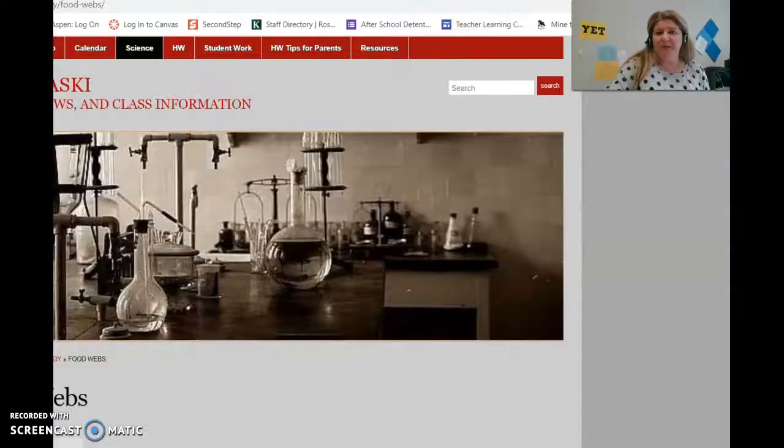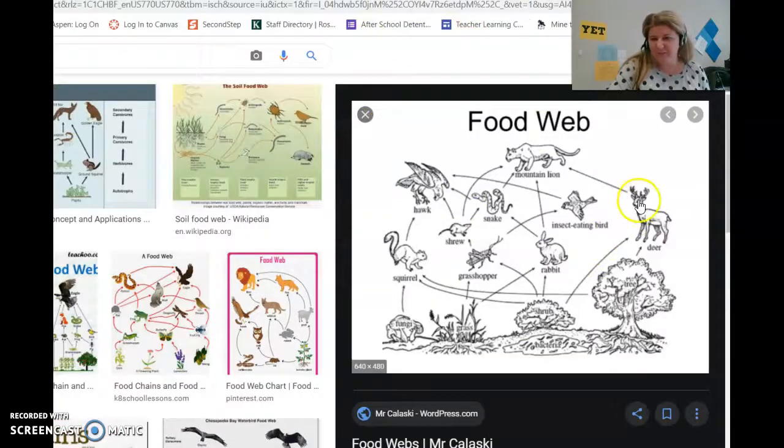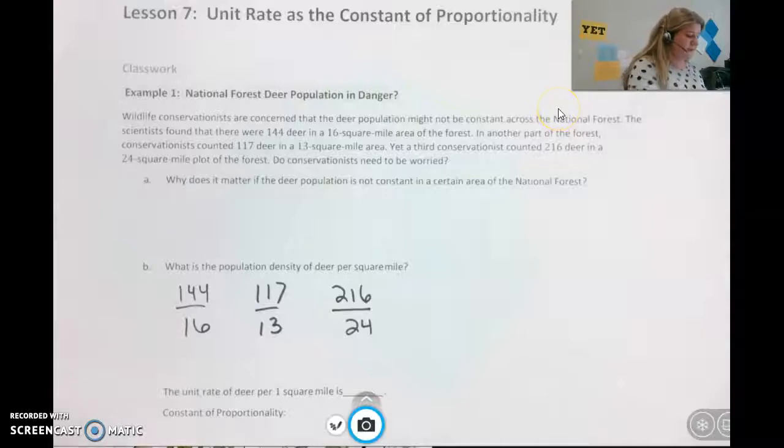Or looking back at the food web, if there's too many deer, maybe there are too many mountain lions. There wouldn't be enough mountain lions to feed the deer. So lots of different things scientifically could be impacted if the deer population was not consistent. Which leads us to the question, is the deer population consistent?